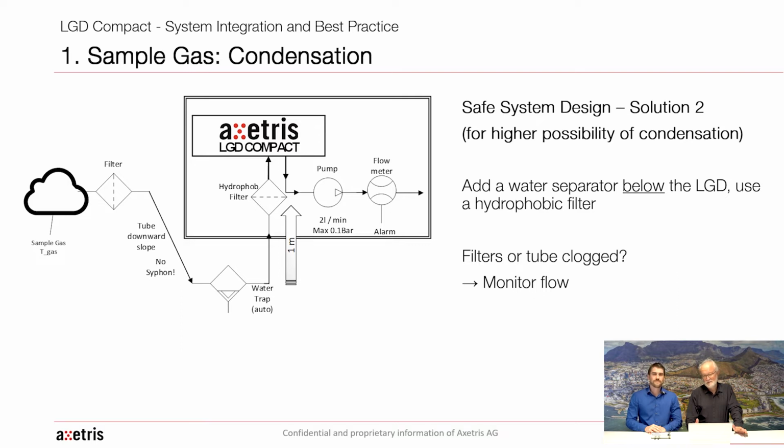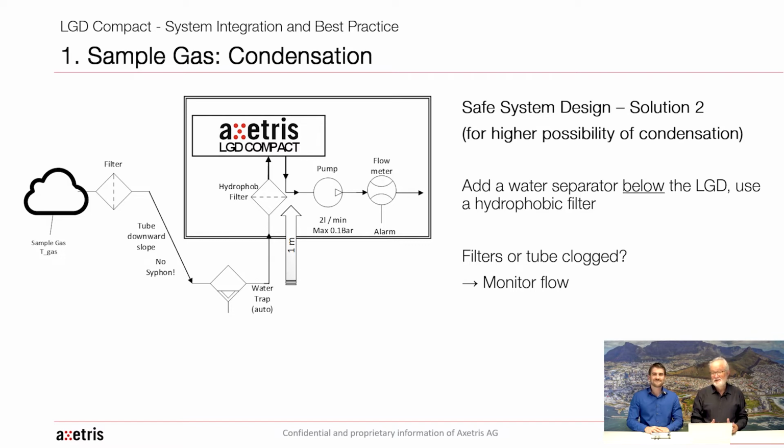Just in case something goes wrong, it will block water drops. Also, pay attention to lay out the tube from the sample point to the water trap with continuous slope. If you have any siphon-like curvature, you would collect water there, and it might stop the gas flow.